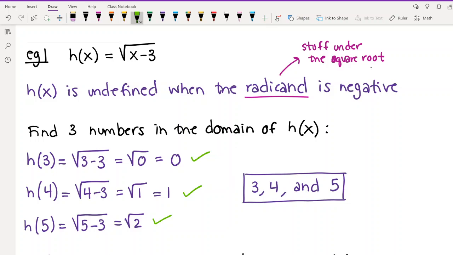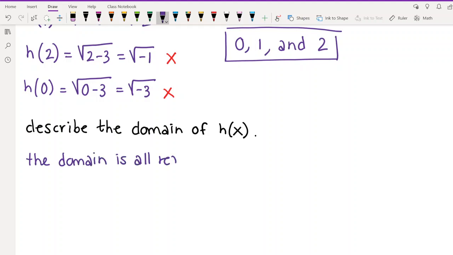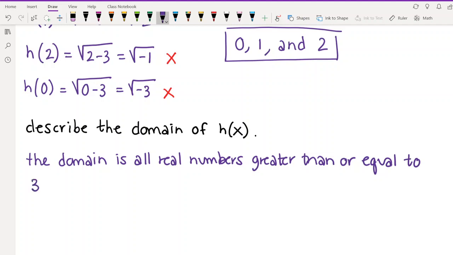And so what is the domain? The domain is going to be all real numbers that are greater than or equal to 3, right?